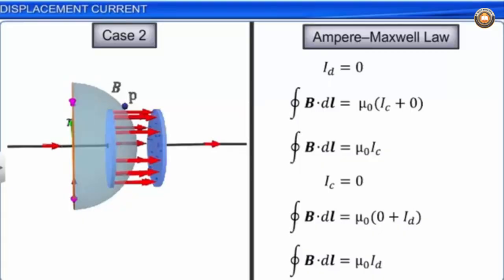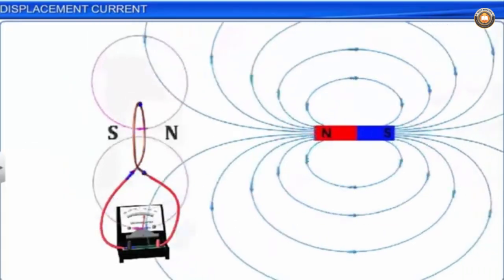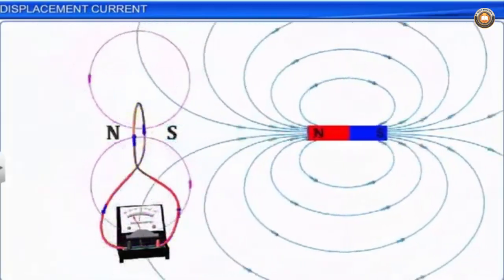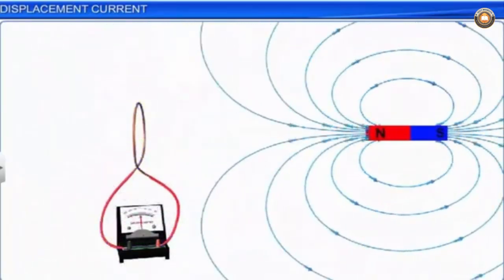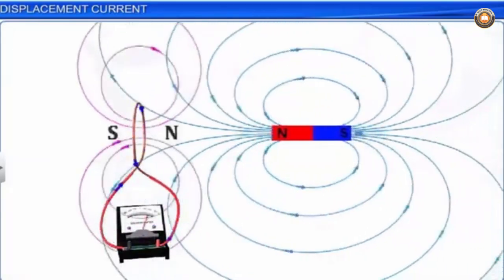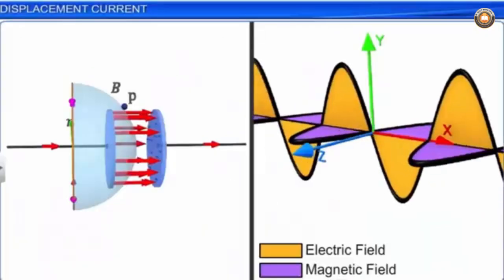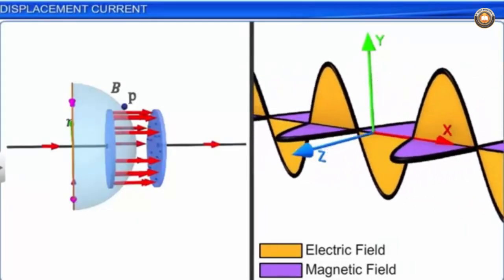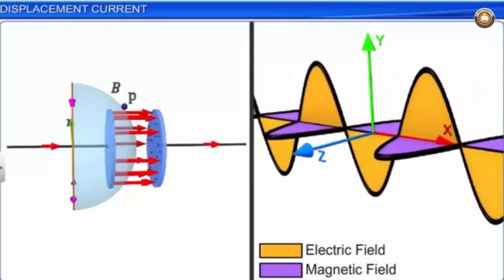Hence, the change in electric field with time can produce a magnetic field, and the change in magnetic field with time induces an electric field. This symmetry explains the existence of electromagnetic waves, which you will learn in another module.